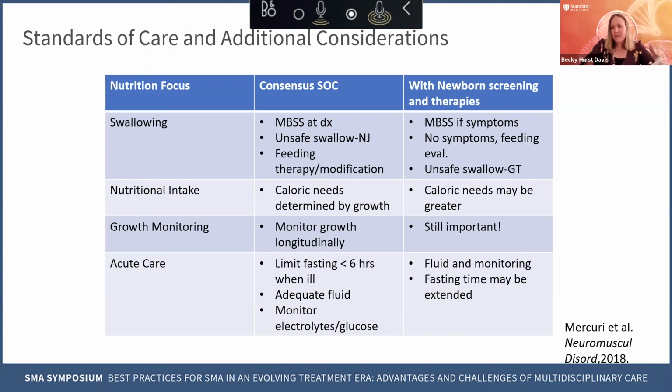So if you had somebody with adequate fat stores and really good nutritional status before, able to bolus feed or have physiologic feeds versus continuous feeds, they may be able to go longer. If you have somebody who is on continuous feeds, though, probably you're closer to that 6 hours when ill.